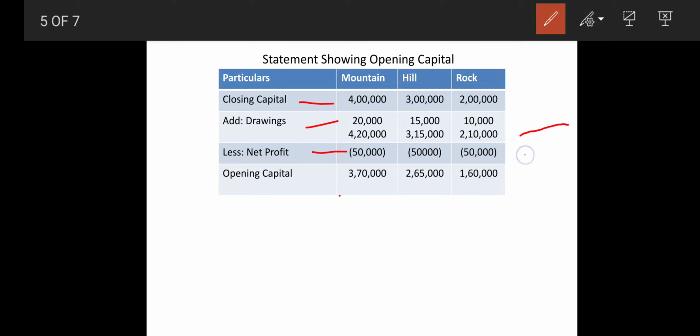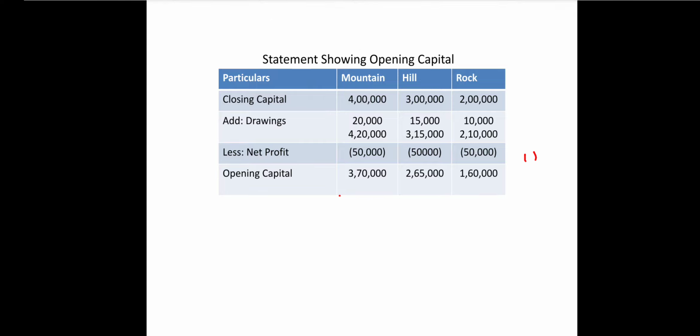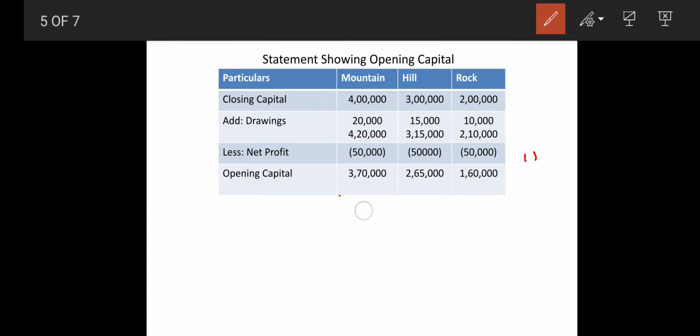So 1,50,000 divided by 3, because 3 partners are there, gives you 50,000, 50,000 and 50,000 respectively. So this way the final answer we will get is 4,20,000 minus 50,000, that is 3,70,000, 3,70,000, 2,65,000 and 1,60,000. This is your opening capital that you got.